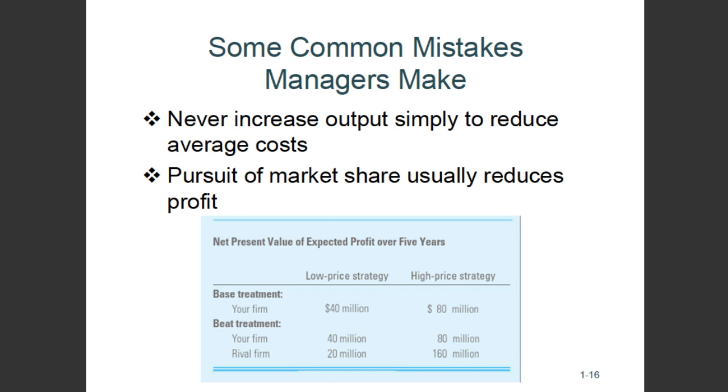We look at the margin. We look at what's the effect of one more unit produced, for instance. What's going to be the effect of that on our profit? What's going to be the effect of that on our costs?